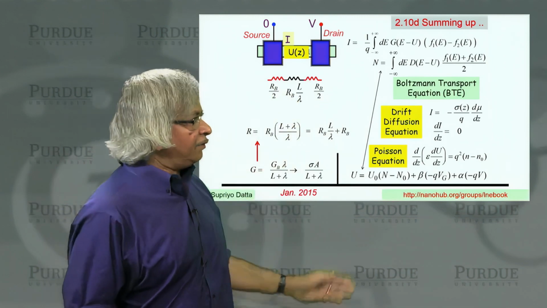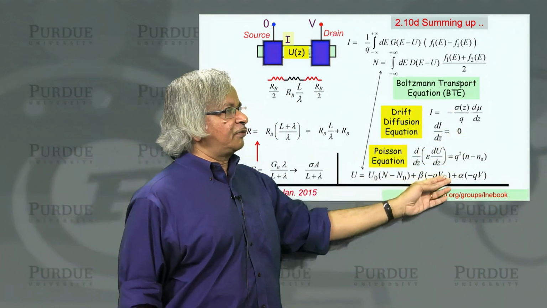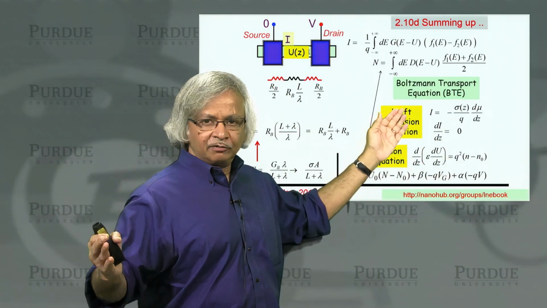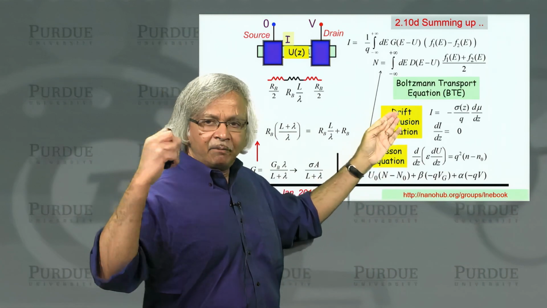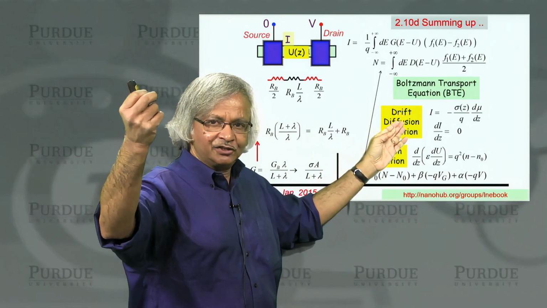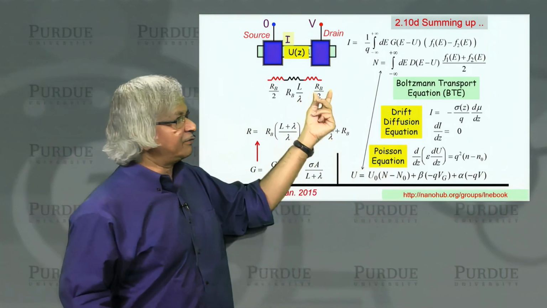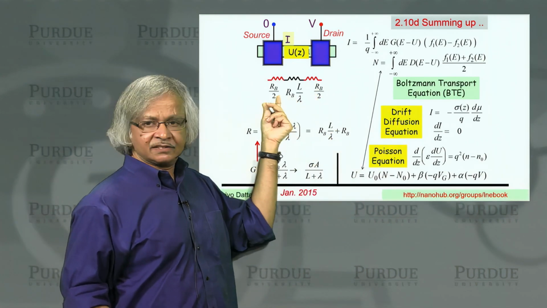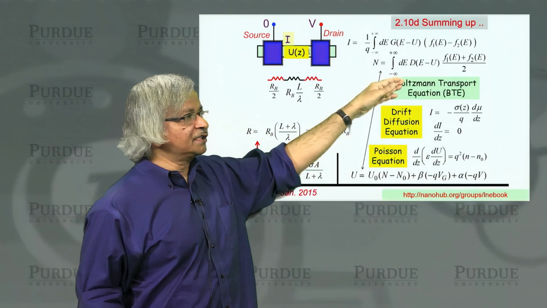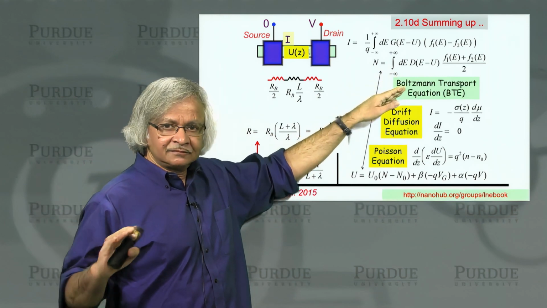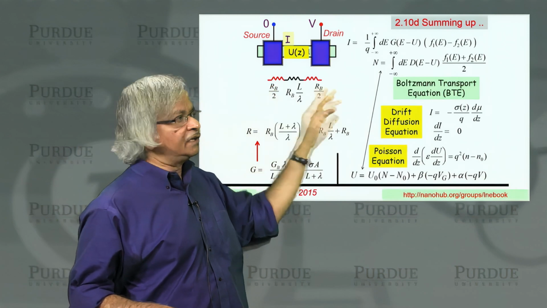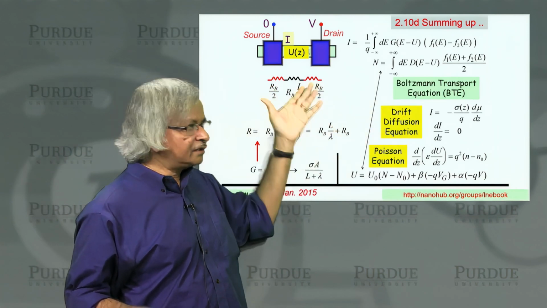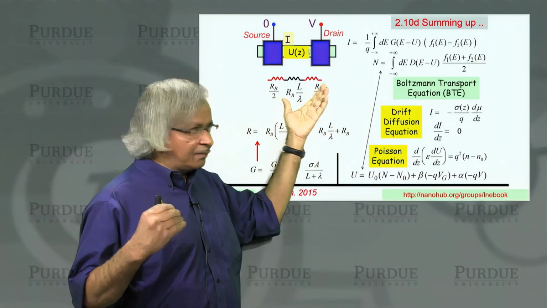So when we go back and use the drift diffusion equation, like we always do for device simulation, the important piece of new knowledge that needs to go in there is that you have to add the interface resistances. Now, of course, if you're using the Boltzmann equation and you're doing it correctly, these would come out automatically. If you're using the drift diffusion equation, you have to remember to add them.